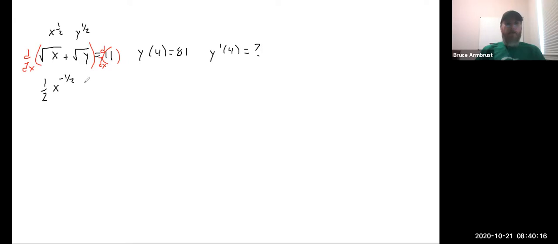Okay, so then the square root of y, same thing. It's going to be 1/2 y to the minus 1/2. But then we need to multiply that by y prime. So why is it that we have to multiply by y prime? What's the reason behind that?